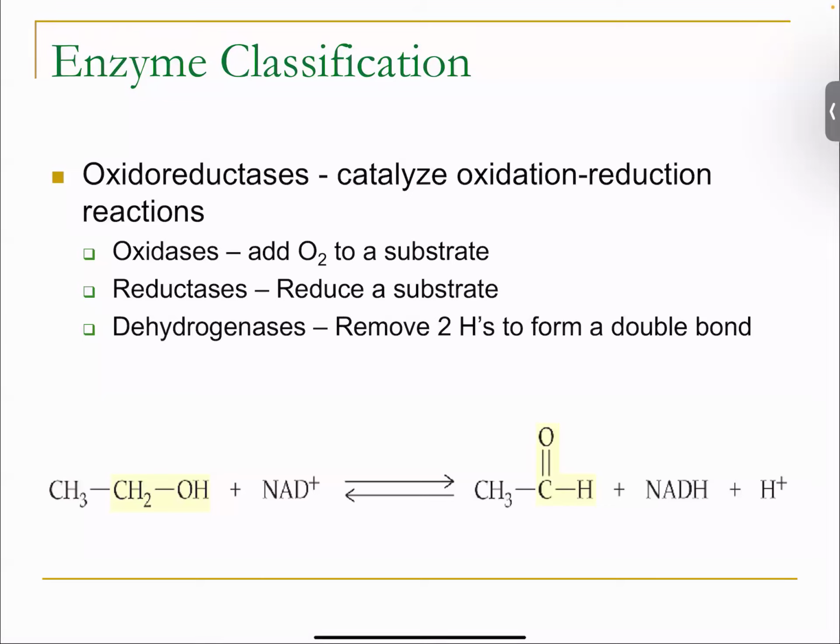And then there's dehydrogenases. Dehydrogenases remove 2 hydrogens to form a double bond. So this would be an example of an ethanol dehydrogenase, with NAD plus.